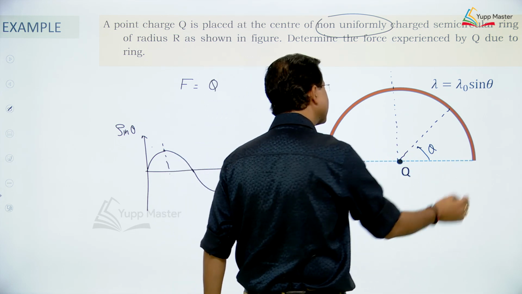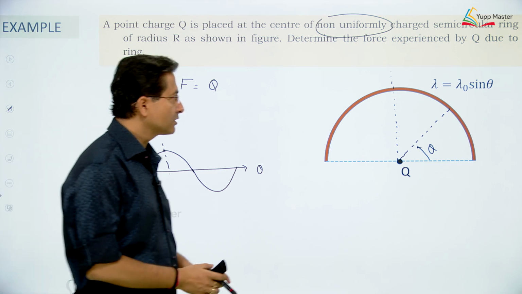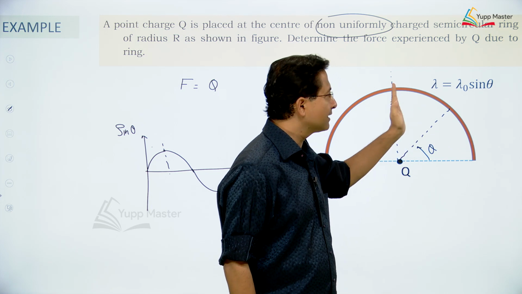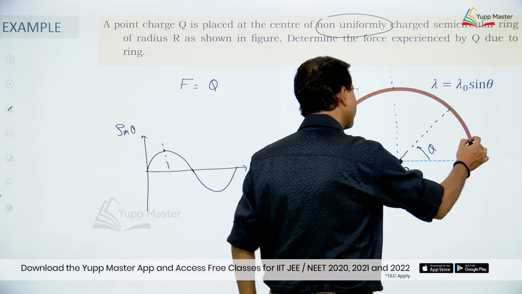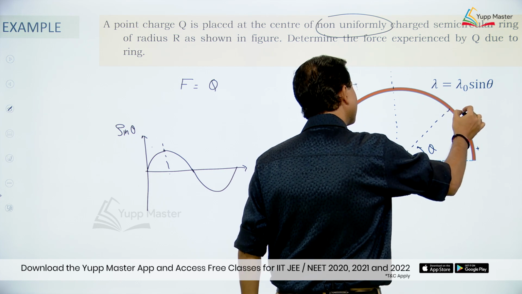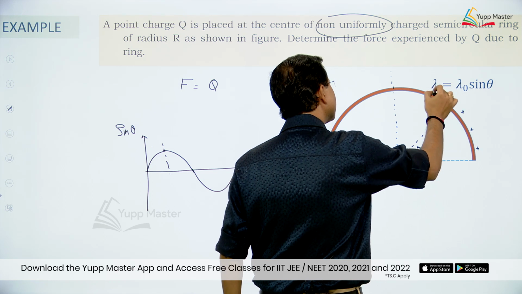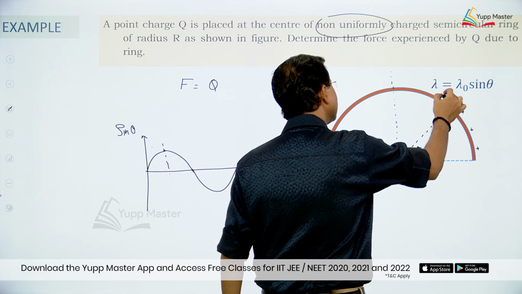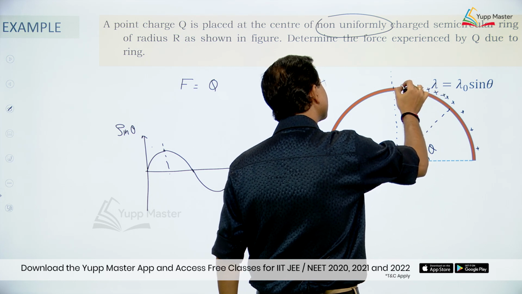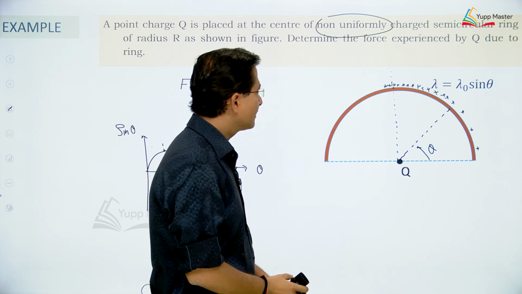Somewhere here, exactly here, charge density is 0. Theta is equal to 0, charge density is 0. As you keep increasing the angle, density increases. So here it will be less dense, and as you keep moving, the density increases, and here it will be highly dense, right.